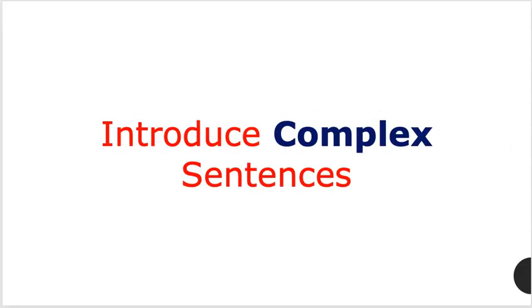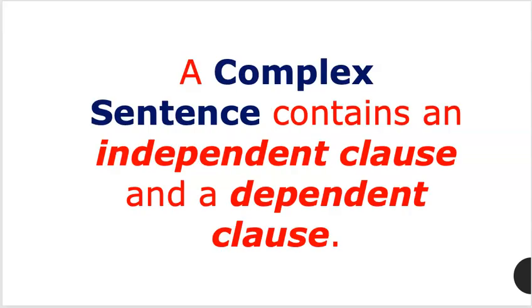Now we're going to look at complex sentences, and these are very different from what we were doing before. A complex sentence contains an independent clause and a dependent clause.